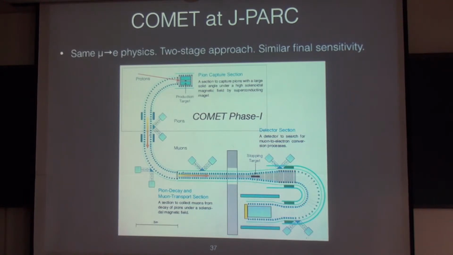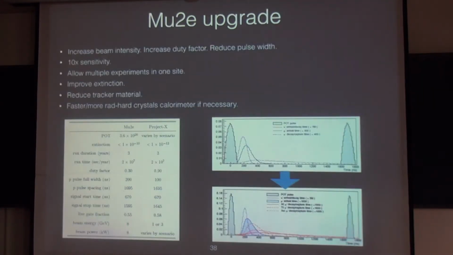It's a very short beamline, and phase 2 would have, in the end here, from target to detectors, a C shape so that they can select the momentum. In the end, the design sensitivity is similar. The timeline, I don't know, they say it's also similar, early 2020s or so. So it will be very good competition.